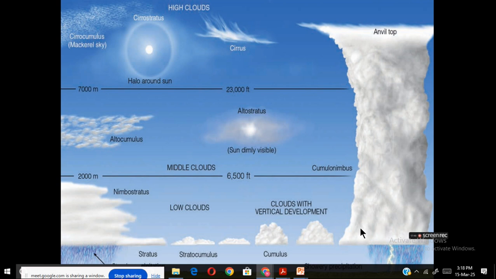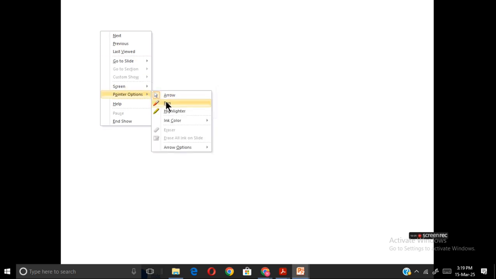So we classified these clouds based on their height. Now there is another type of clouds which are capable of developing vertically.